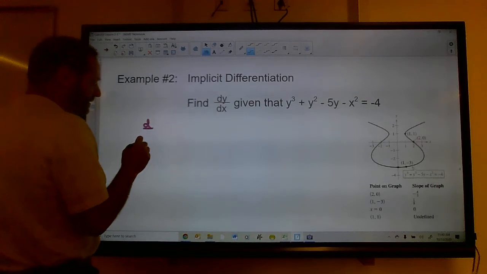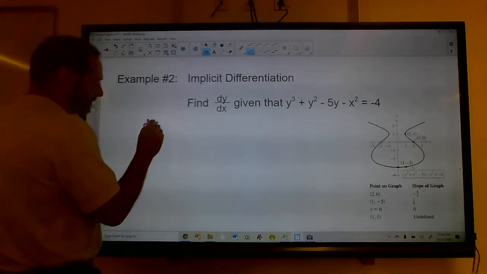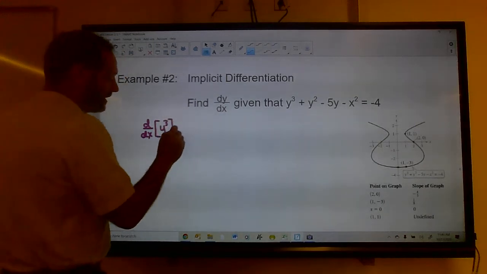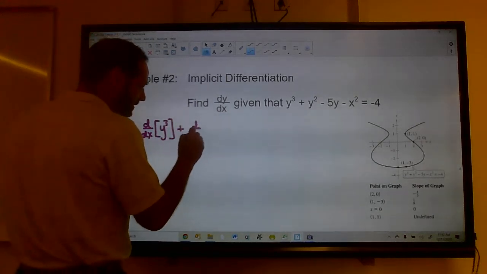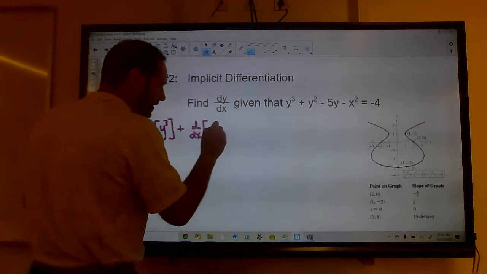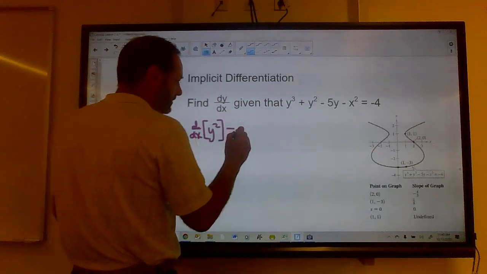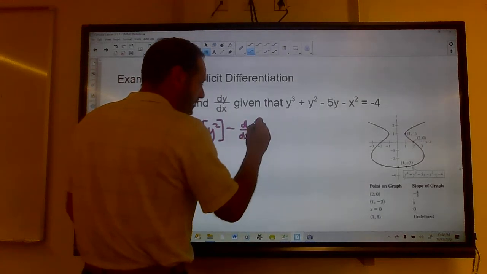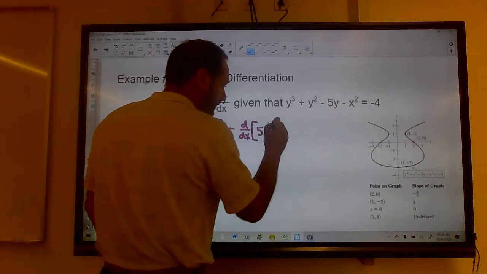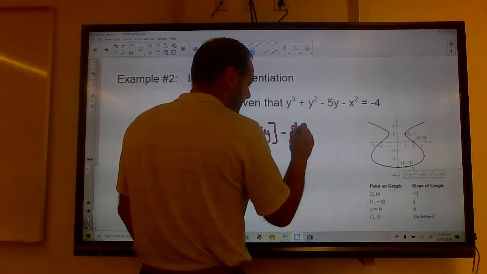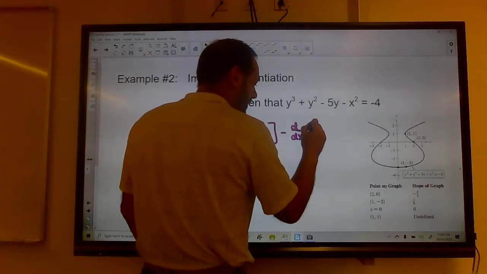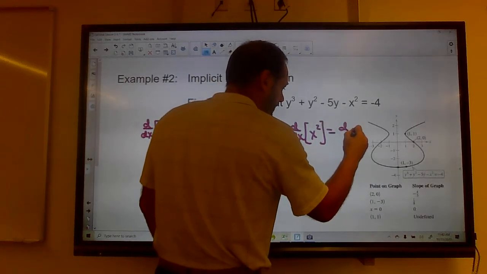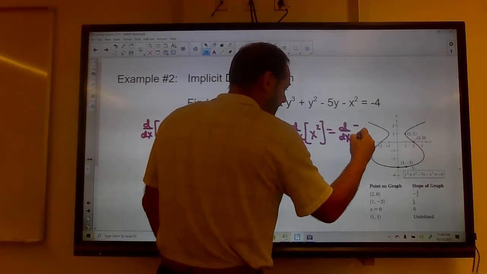So I'm going to take d dx of y cubed, and I'm going to add d dx of y squared. I'm going to subtract d dx of 5y, and I'm going to subtract d dx of x squared, and that's going to equal d dx of negative 4.